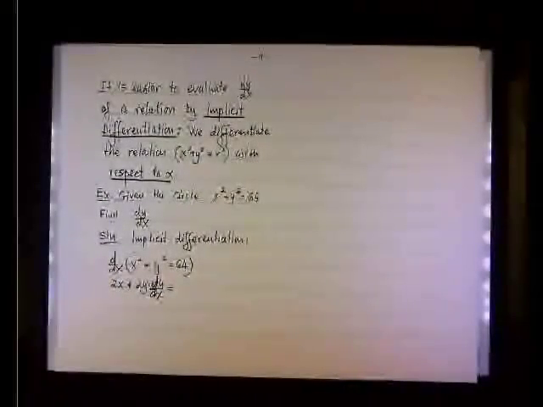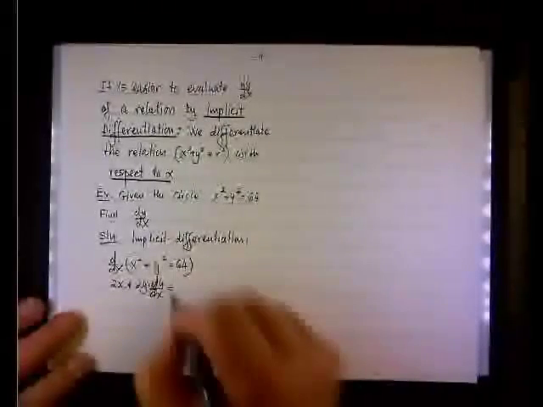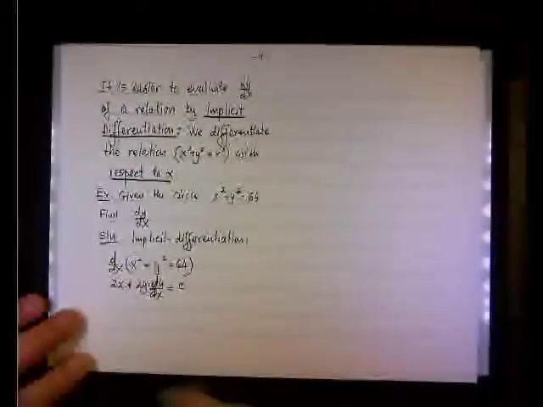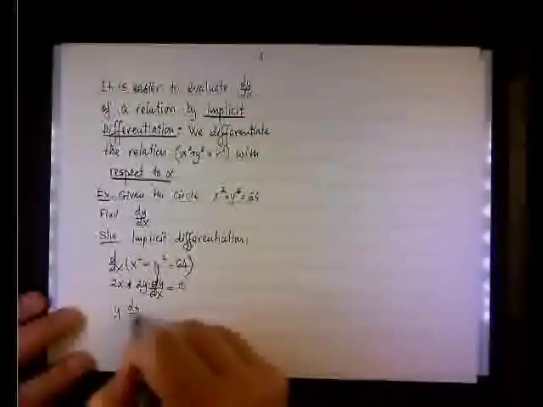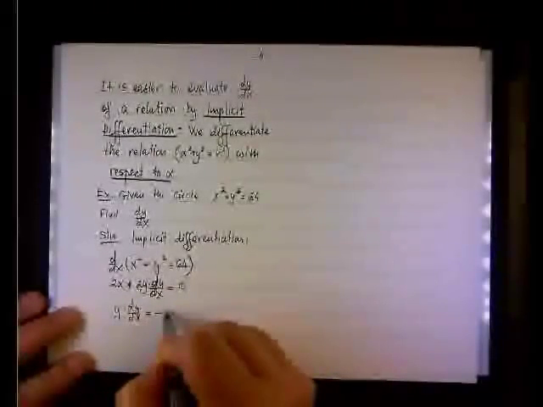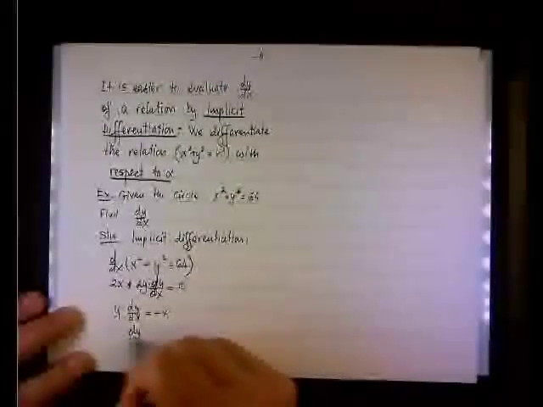Okay, on the right side, what is the derivative of 64? Folks, what is the derivative of 64? 0. It's a constant. And that's it. We can now divide everything by 2 and get y times dy dx equals negative x.